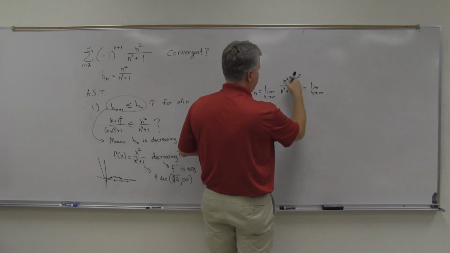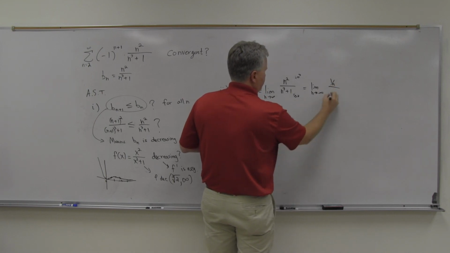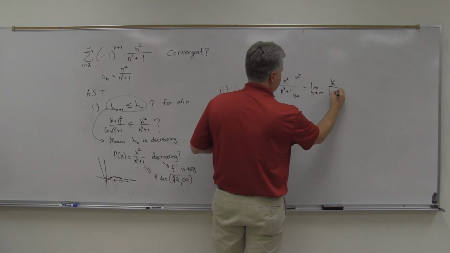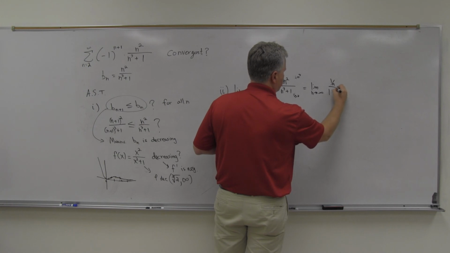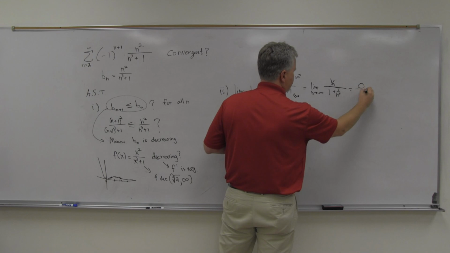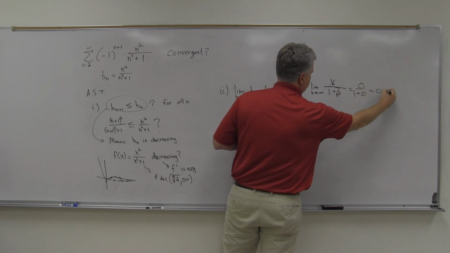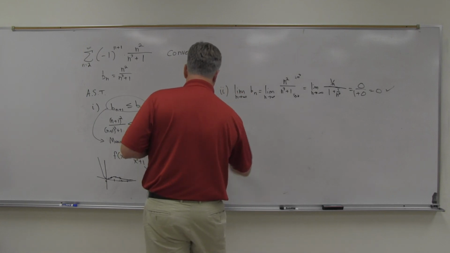As n goes to infinity, n squared divided by n cubed is 1 over n. n cubed divided by n cubed is 1. 1 divided by n cubed is 1 over n cubed. Well, that goes to 0. 1 plus that goes to 0. Yeah, you got 0. So check.